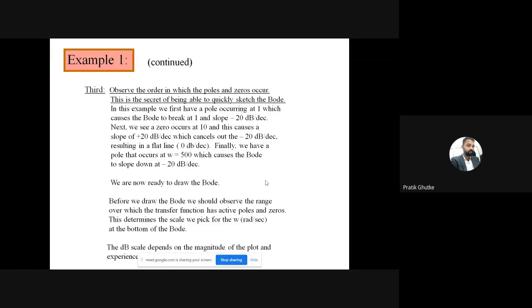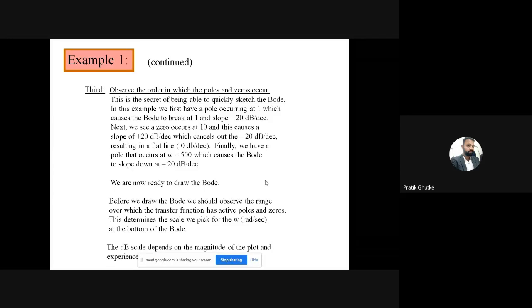But before we draw the Bode plot, we should observe the range over which the transfer function has active poles and zeros. This determines the scale we pick for omega in radians per second. First of all, we have to mark one horizontal line at the bottom of your semi-log paper, and that line is called the omega line.